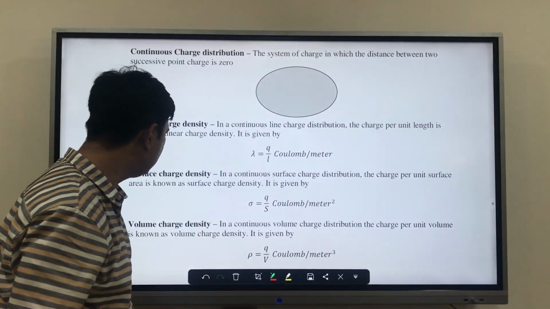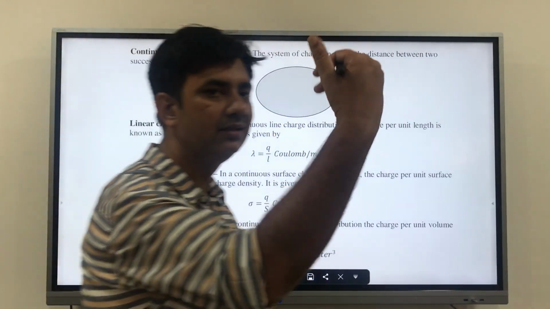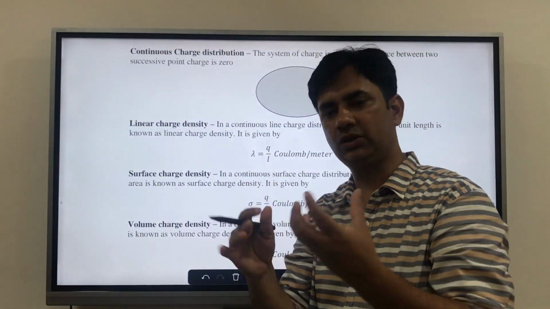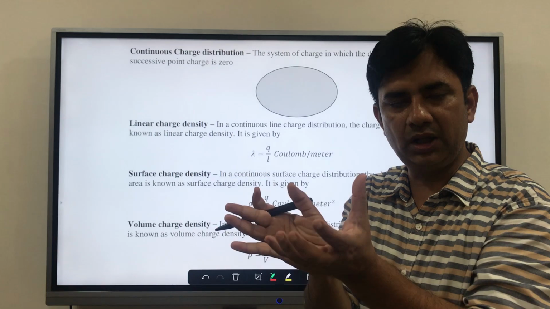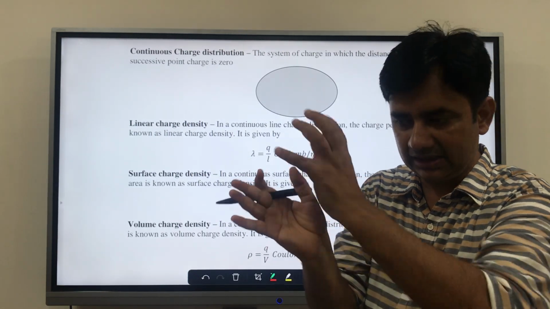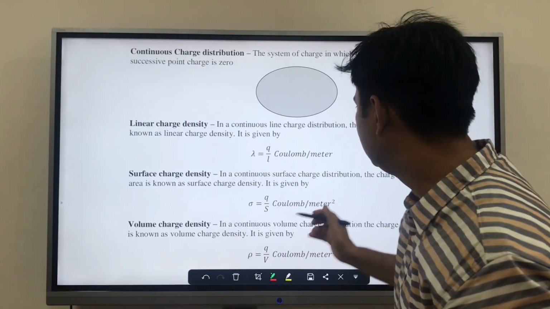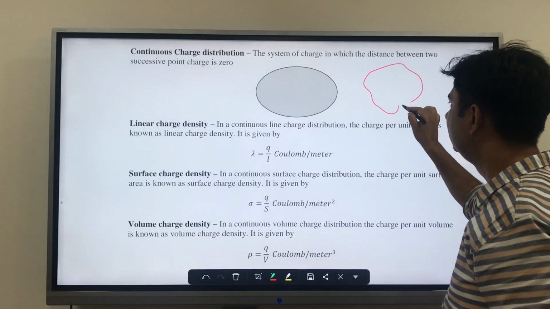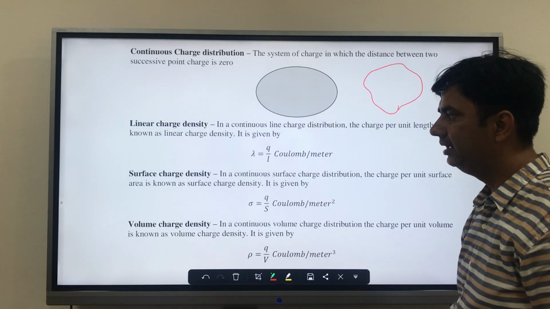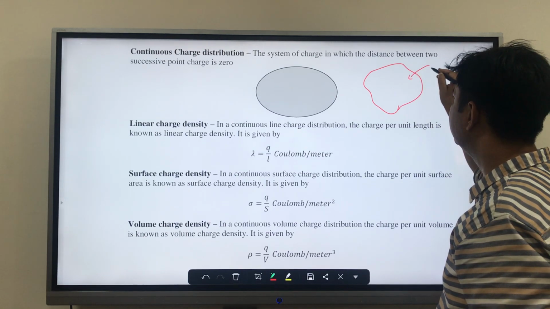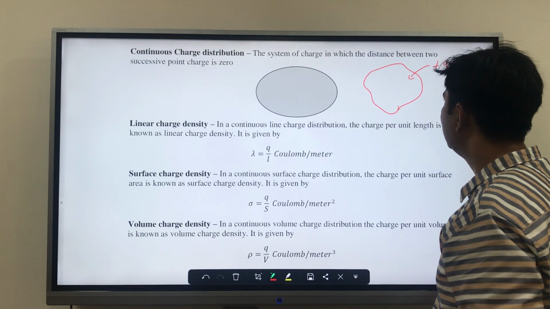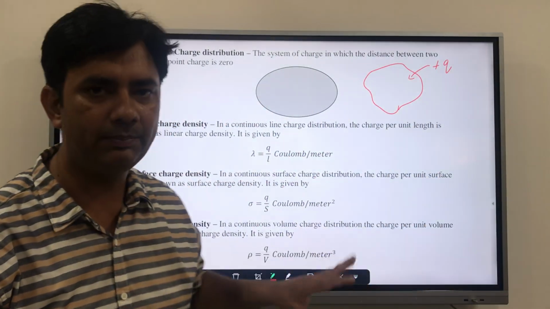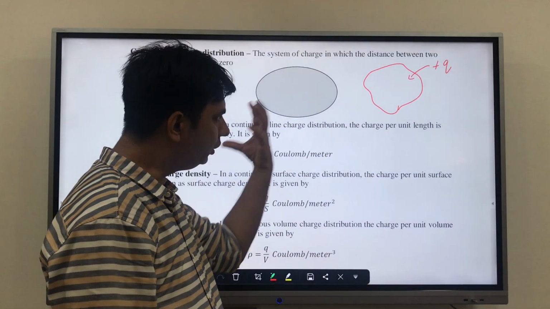Now, if we talk about surface charge density, we are talking about the surface, not the internal part, but a solid body with some space in it. Suppose we have a body, and we induce some charge in it. We can induce plus or minus anything, but I am explaining it with the plus sign.